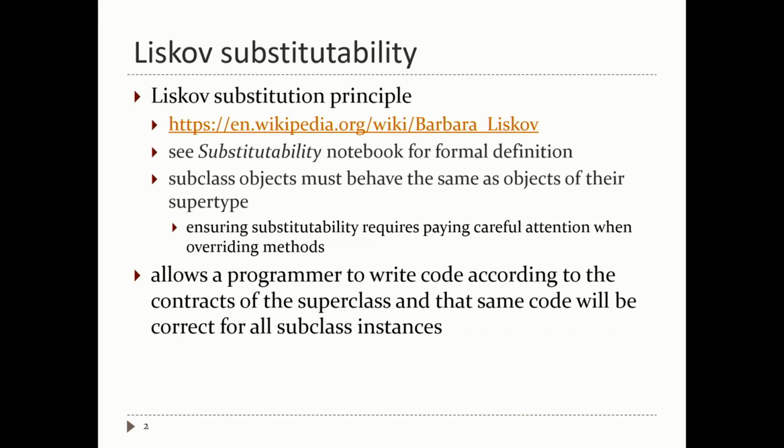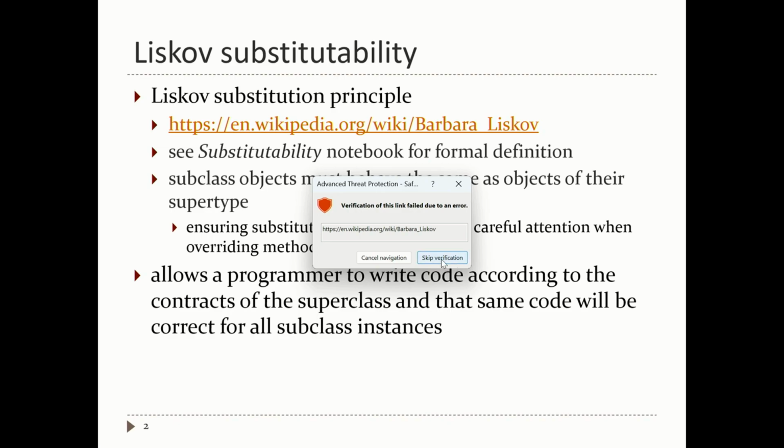Okay, what makes this all work is this thing called Liskov substitutability. There's something called the Liskov substitution principle, which is a rule that came out of software engineering. The person who came up with this rule is Dr. Barbara Liskov.